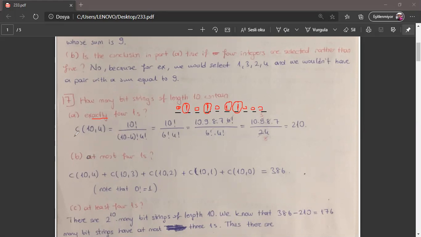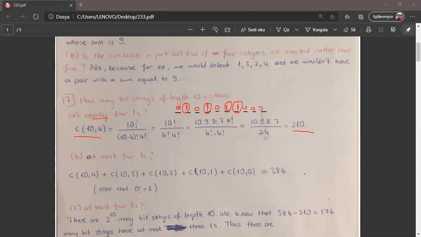So how do we compute it? We have this combination, okay? So 10 choose 4 is 210. So we have this many bit strings of length 10, which contain exactly 4 ones, okay?